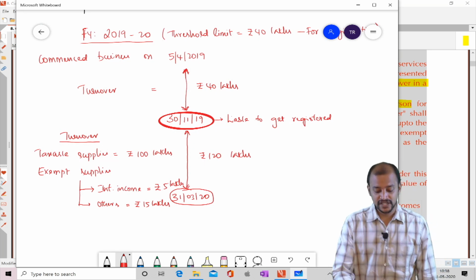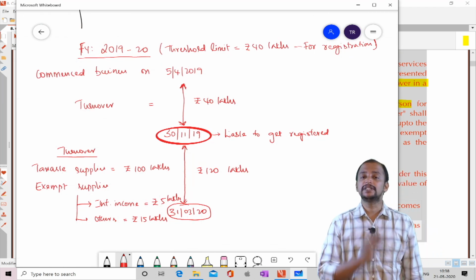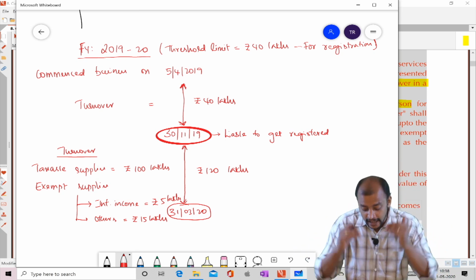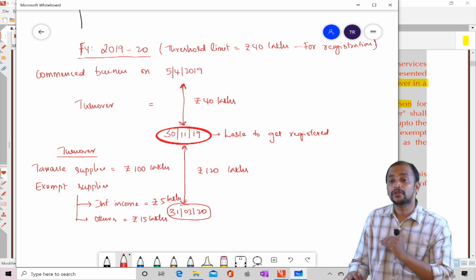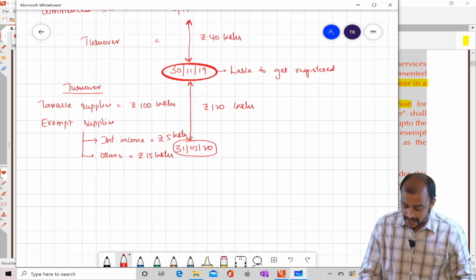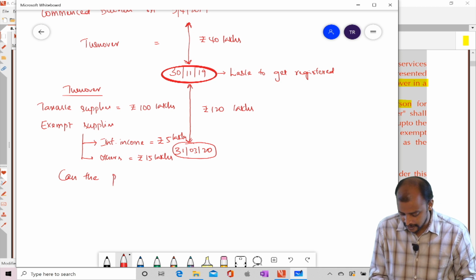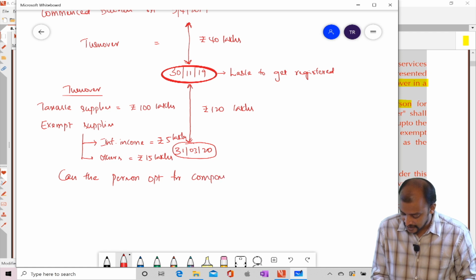Now, the question is, can this person opt for composition scheme during the current financial year 2020-21?